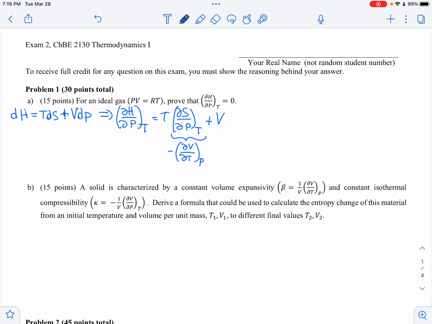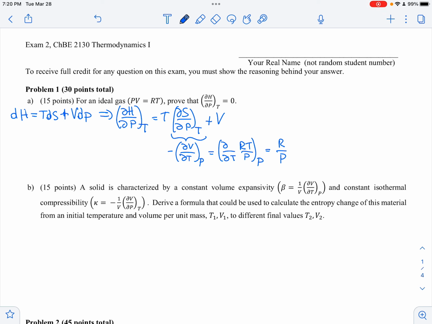It relates P, V, and T. So this would equal d/dT of RT over P, which we would calculate holding P constant. And this would equal R over P because T is the only variable.